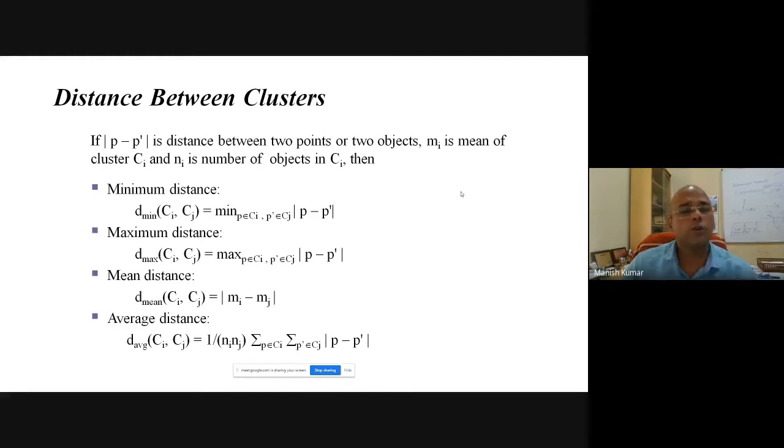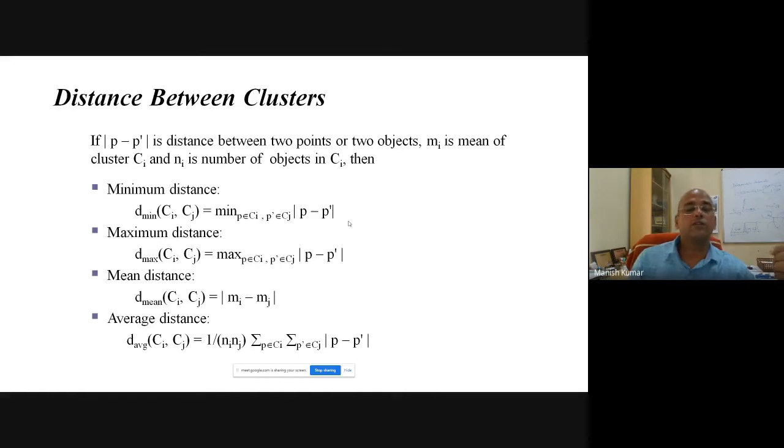The minimum distance between clusters Ci and Cj is the minimum of |P minus P dash|, where P belongs to Ci and P dash belongs to Cj. Each data point is compared with the data points of the other cluster, and the minimum distance we get is the minimum distance between the clusters.